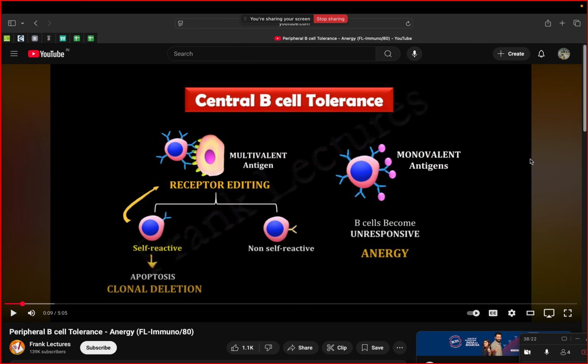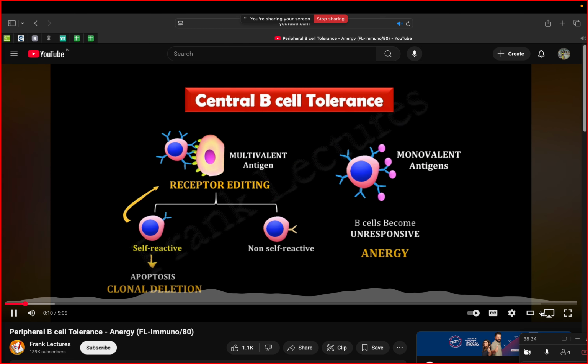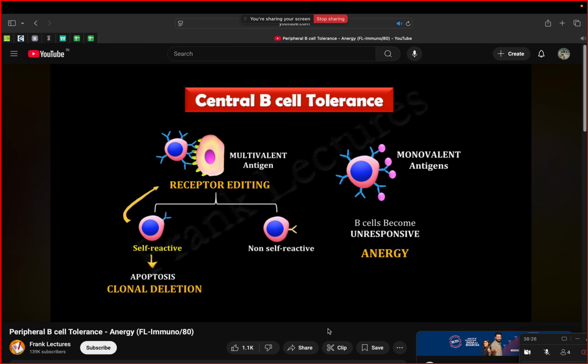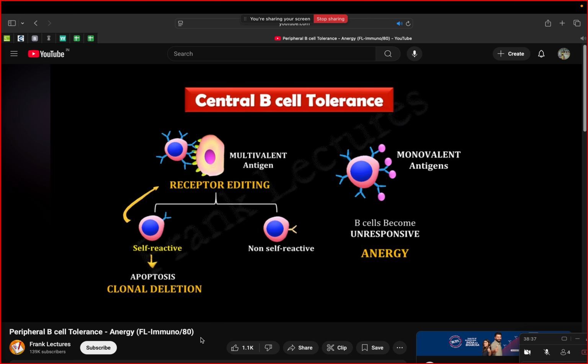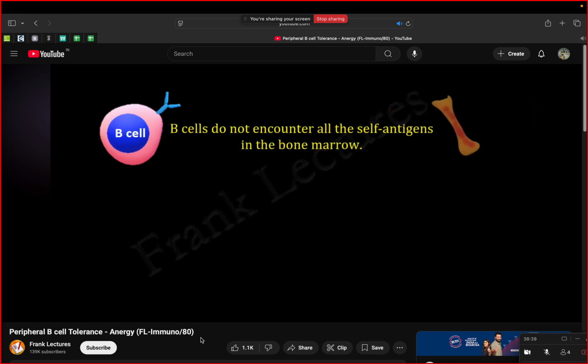In the previous video, we studied 3 main mechanisms of central B cell tolerance. Autoreactive B cells may survive through receptor editing, undergo clonal deletion, or become anergic. But B cells do not encounter all the self-antigens in the bone marrow.